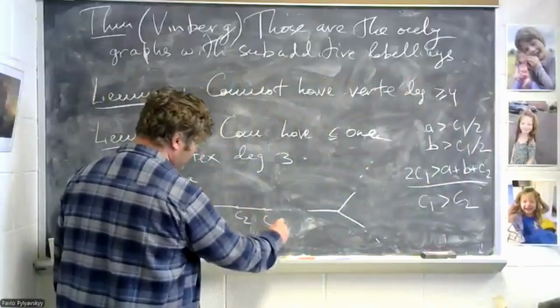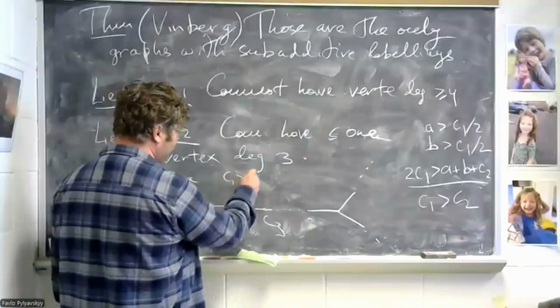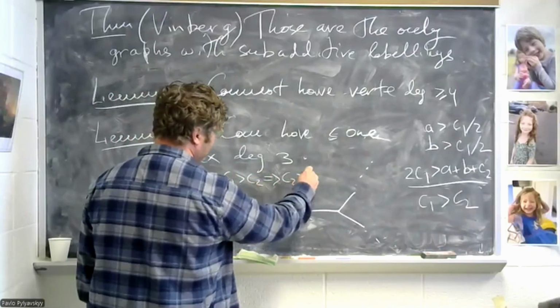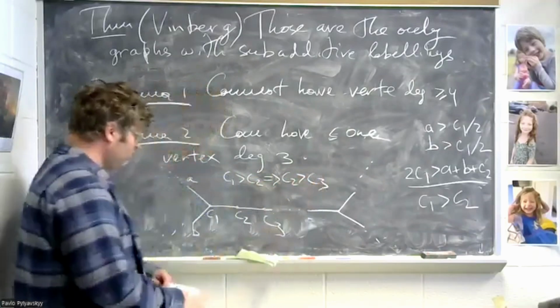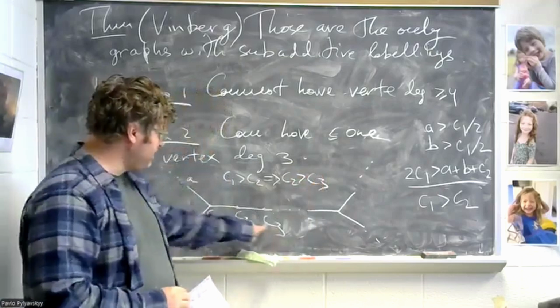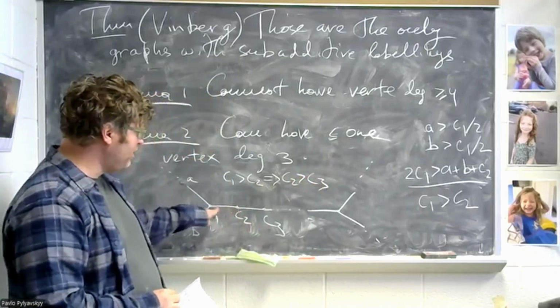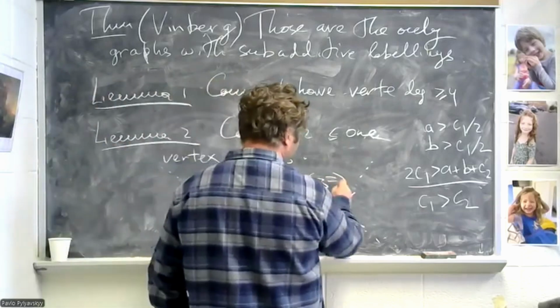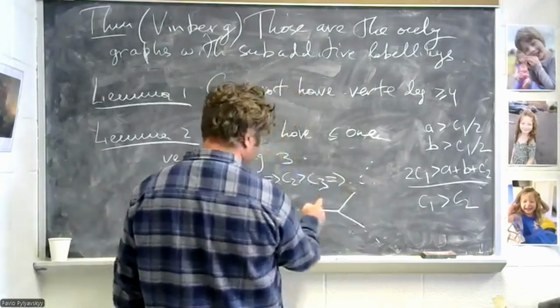Now you can check that this means C2 has to be bigger than C3, because if those both are bigger than C2, then twice C2 cannot be bigger than their sum. This just keeps going until you reach the other side.